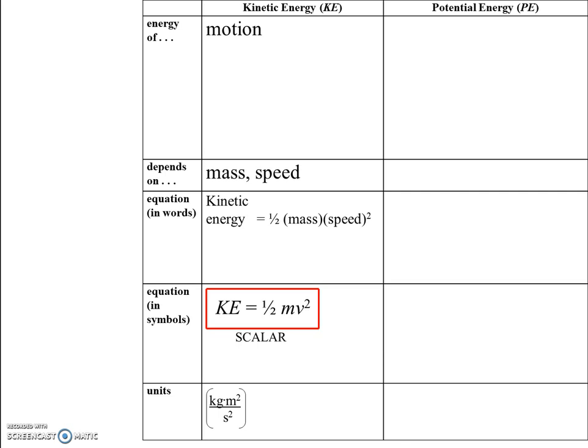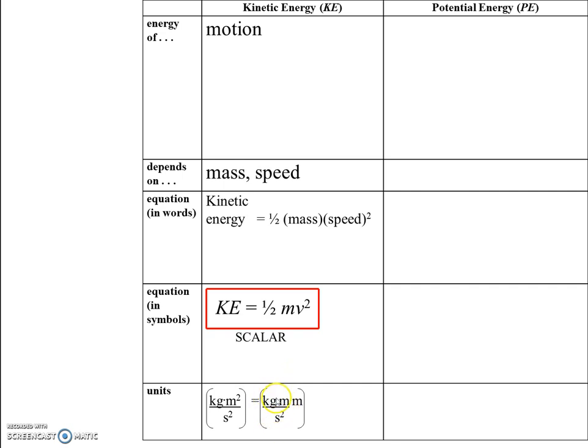Now, this is a rather unwieldy unit. Kilogram meter squared per second squared is difficult to remember, difficult to write, and difficult to say. Luckily, we can play with it. We can rearrange it a little bit. I'm going to take the meters squared and separate it out as meters times meters. Hopefully we'll all agree that's the same thing. Now you see here kilogram meter per second squared.